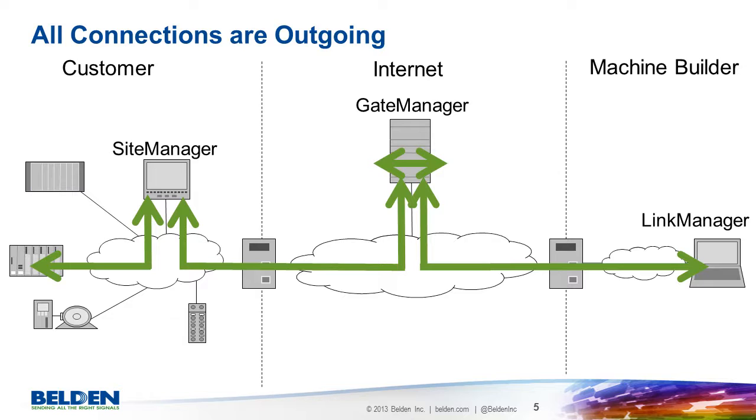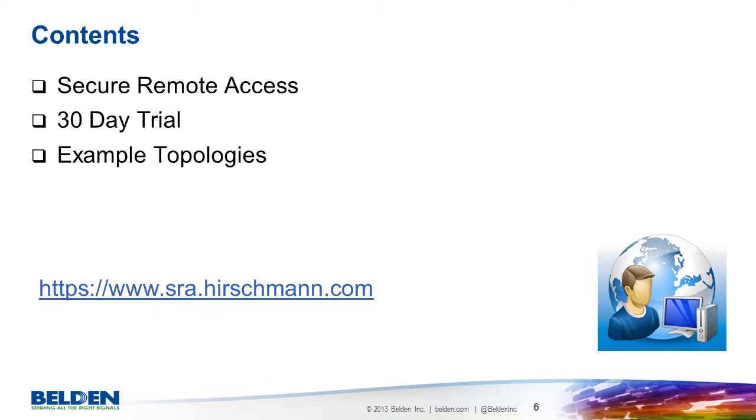However, as mentioned previously, the purpose of this video is not to describe in detail how the remote access solution works. For in-depth information, please visit our website. This video provides information about the 30-day free of charge trial. So now let's take a closer look at this 30-day trial.